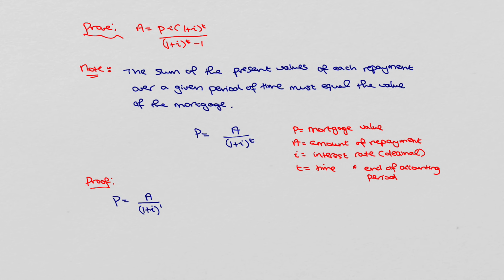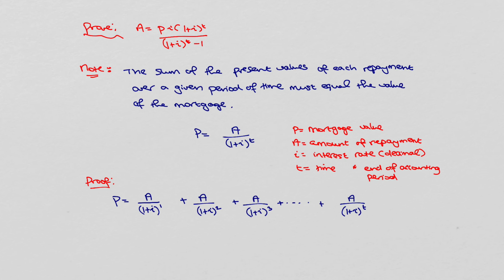The second repayment would have to be discounted back by 2 periods, and the next one would have to be discounted back by 3 periods, all the way until we get to the last one, which would be discounted back by the total number of compounding periods that there is.